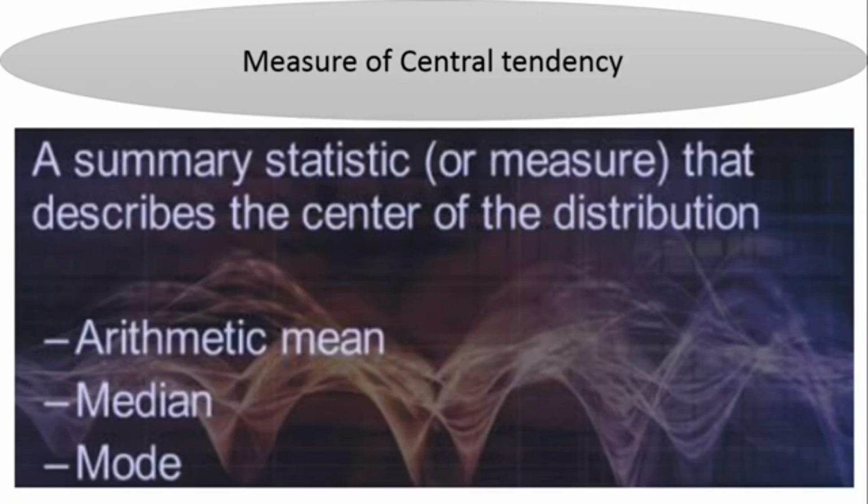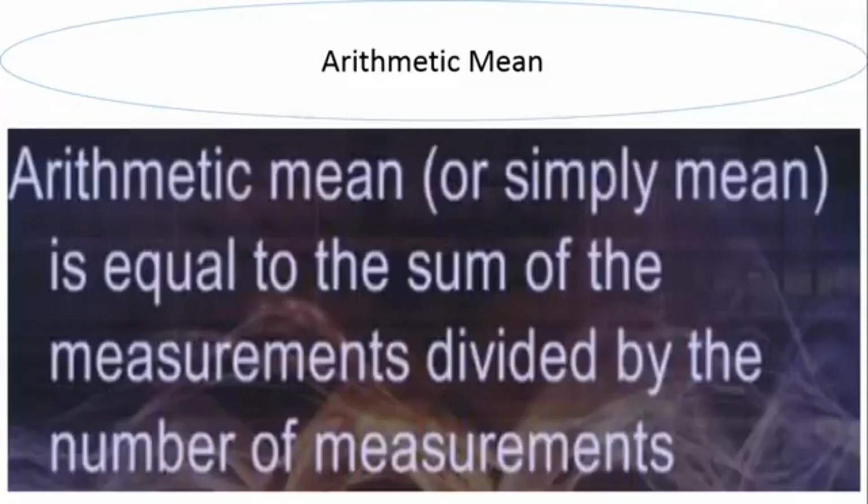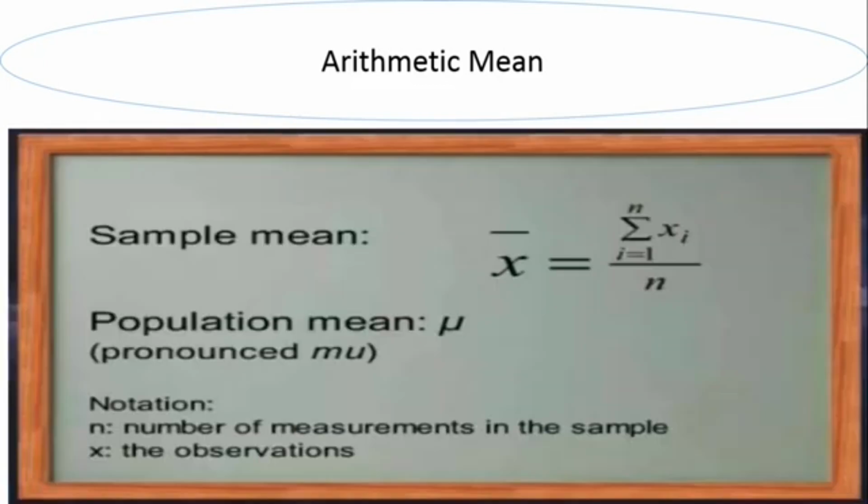Those are the three main indicators that are used in the description of central tendency. The arithmetic mean is simply the mean, which is equal to the sum of the measurements divided by the number of individuals in the sample.